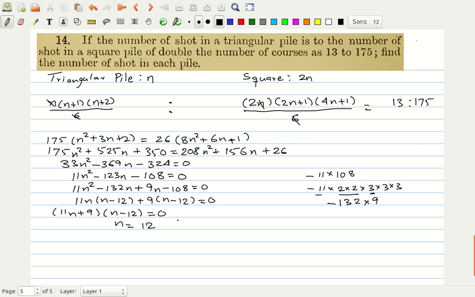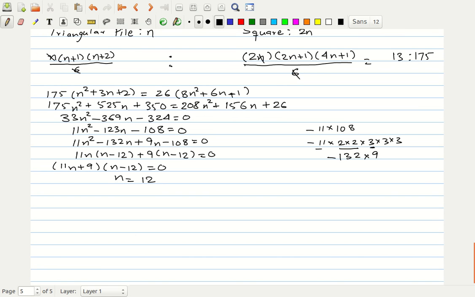So what is the number of shots in the triangular pile? It is going to be 12 times 13 times 14 divided by 6, which is 13 times 28.